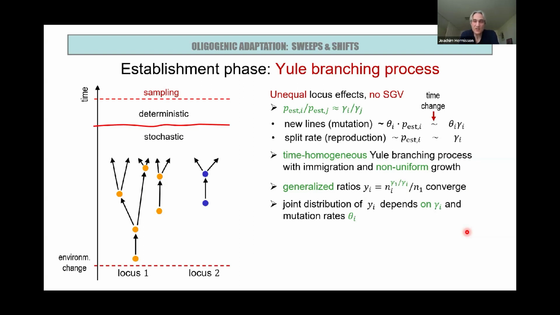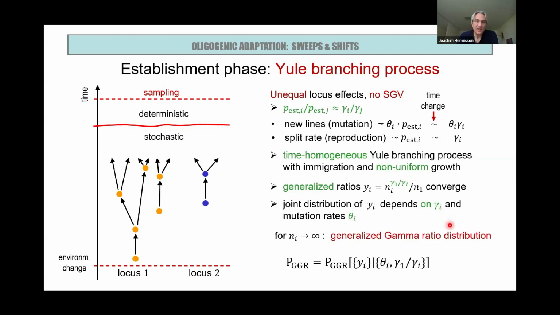And we do get a joint distribution of these generalized ratios y_i that now do depend, of course, not only on these theta_i, but also on these gamma_i. And they are given by a so-called generalized gamma ratio distribution. I could write down the formula, but it's already two lines here.